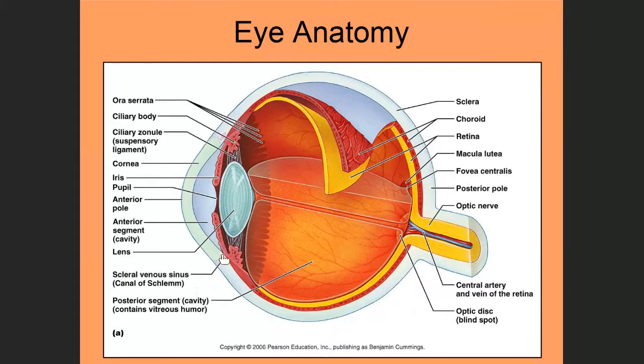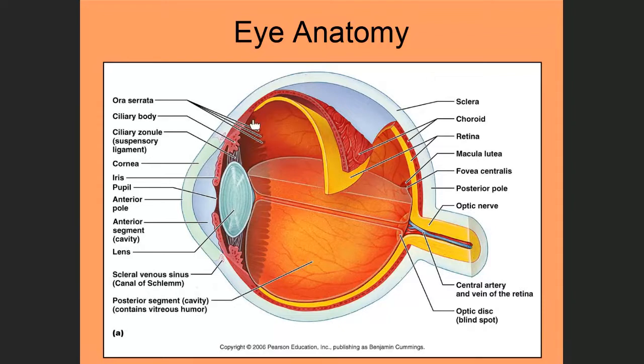And it's also draining out at all times through a little structure that sits right here, which is known as the scleral venous sinus. The role of this aqueous humor is to help pressurize the front of the eye, because it's very important that the front of the eye, and particularly the cornea, maintains its shape, because the shape of the front of the eye is going to allow it to properly bend light rays as they move through the eye, as you're going to learn about in the activity that we do this week.